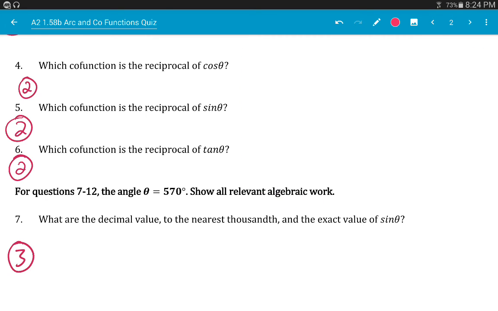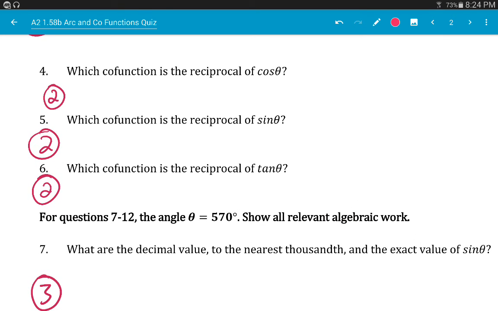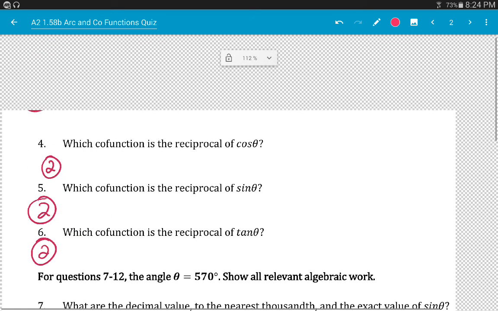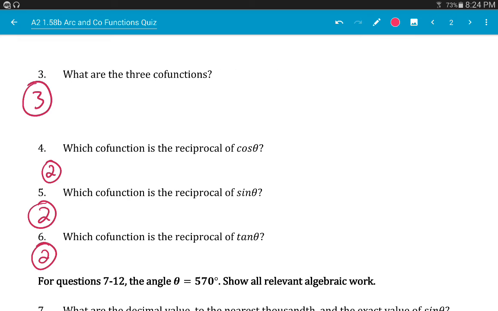Close the calculator for a little bit. Which cofunction is the reciprocal of cosine? So there are 3 cofunctions, of course, and in question 3 we're going to list them. The 3 cofunctions are secant, cosecant, and cotangent.